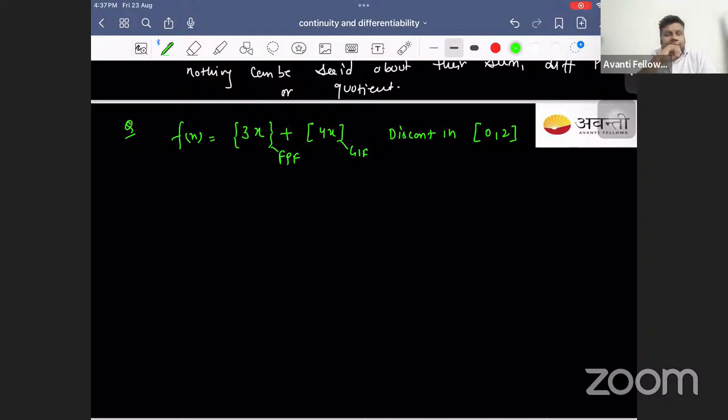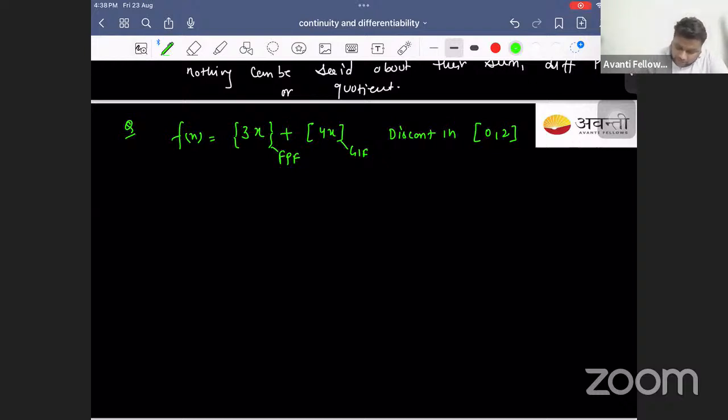Yes, anybody? Now see, this is the fractional part of 3x, greatest integer of 4x.